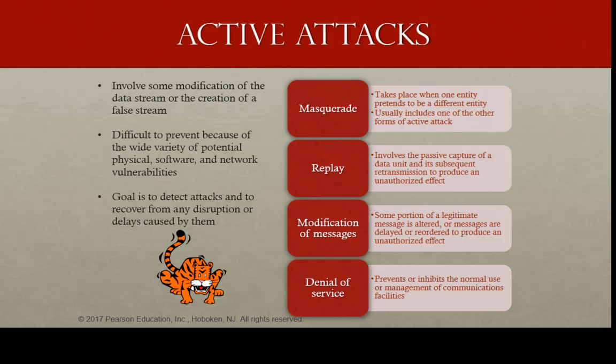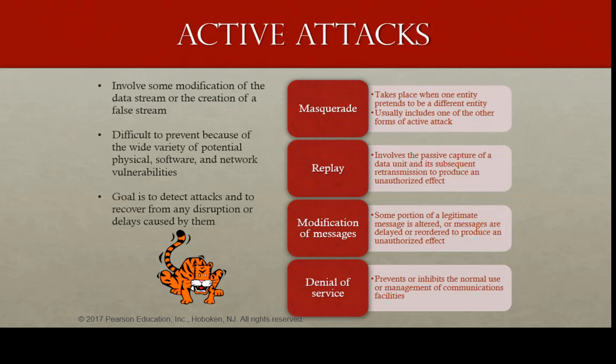A masquerade attack usually includes one of the other forms of active attack. For example, authentication sequences can be captured and replayed after a valid authentication sequence has taken place, thus enabling an authorized entity with few privileges to obtain extra privileges by impersonating an entity that has those privileges.